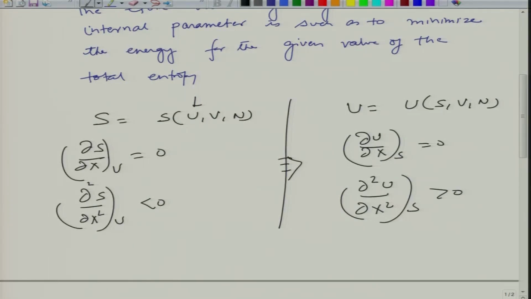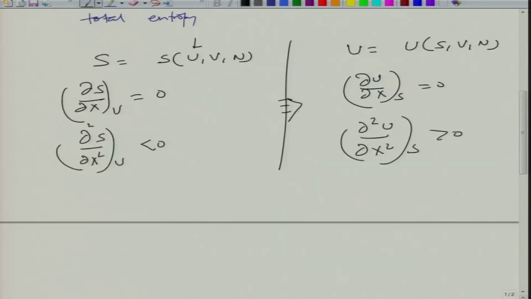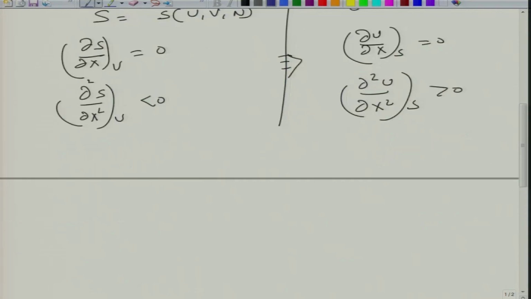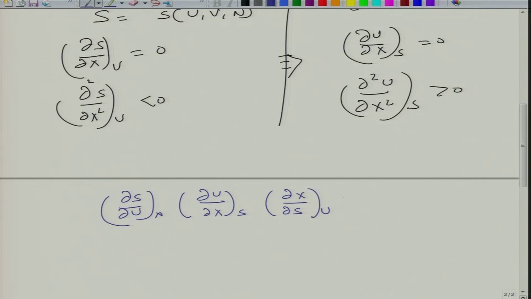So, let us try to get a proof of this equivalence. The question is how do you prove this? Let us consider the chain rule, where x could be anything, the product must be 1. So you have the relation for S, U, x.